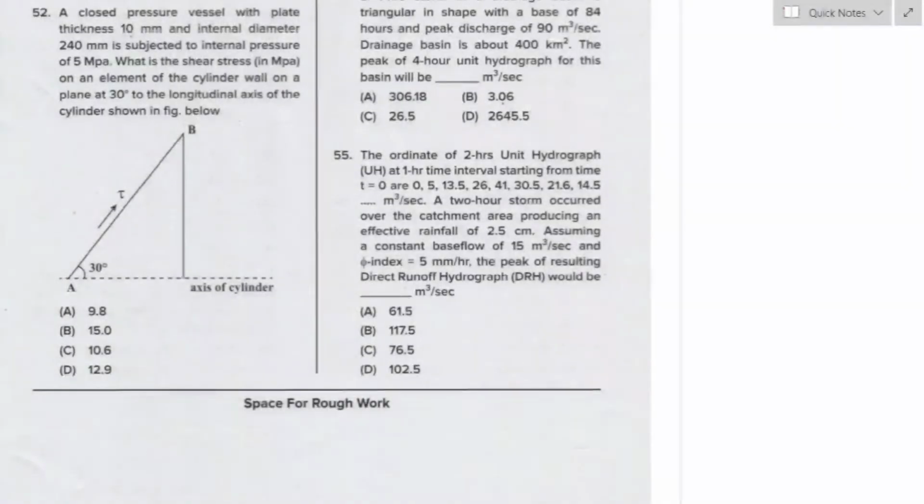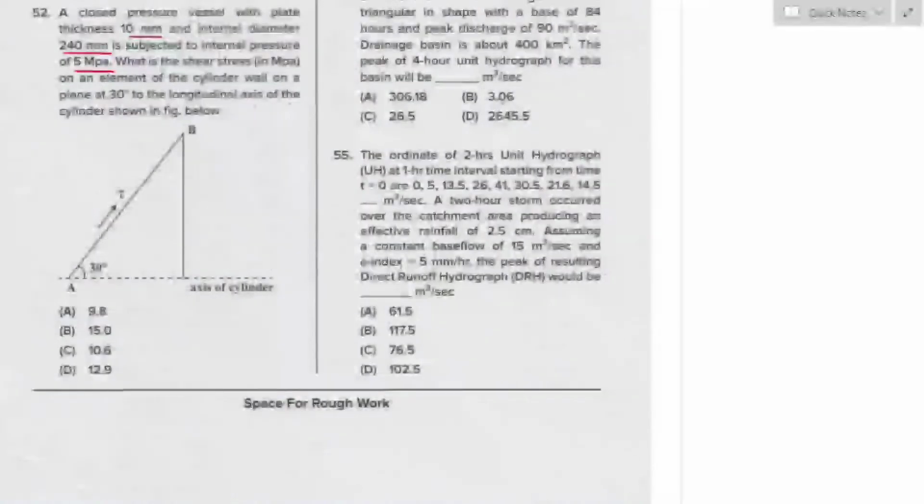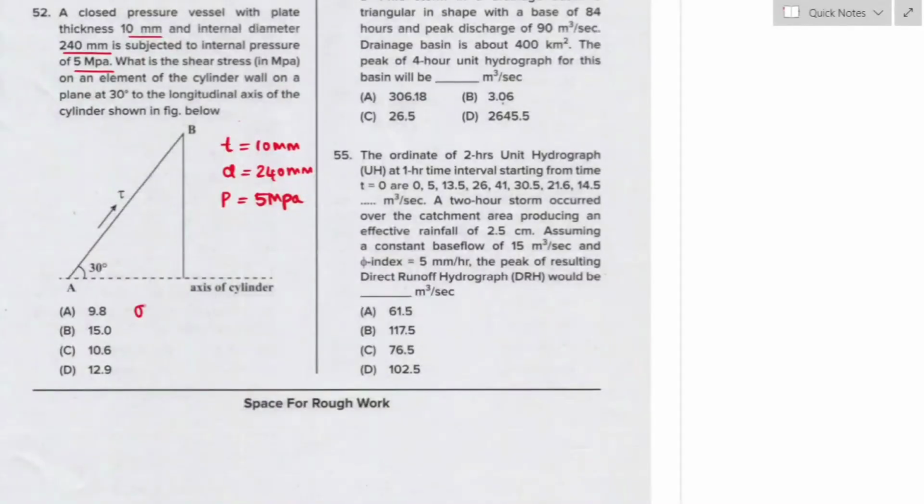Question number 52. A closed pressure vessel with the plate thickness of 10 mm, internal diameter of 240 mm is subjected to an internal pressure of 5 MPa. What is the shear stress of an element of a cylinder wall on a plane at 30 degree to the longitudinal axis of the cylinder shown in the figure below? So thickness is given as 10 mm, internal dia is given as 240 mm and pressure is given as 5 MPa.